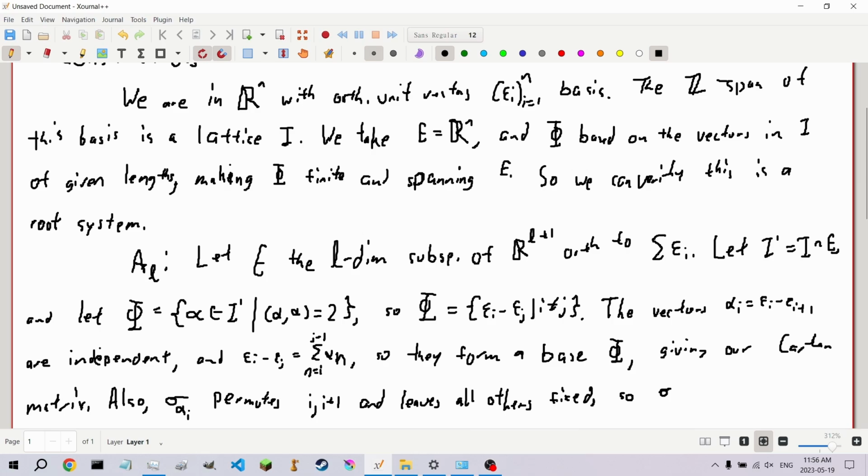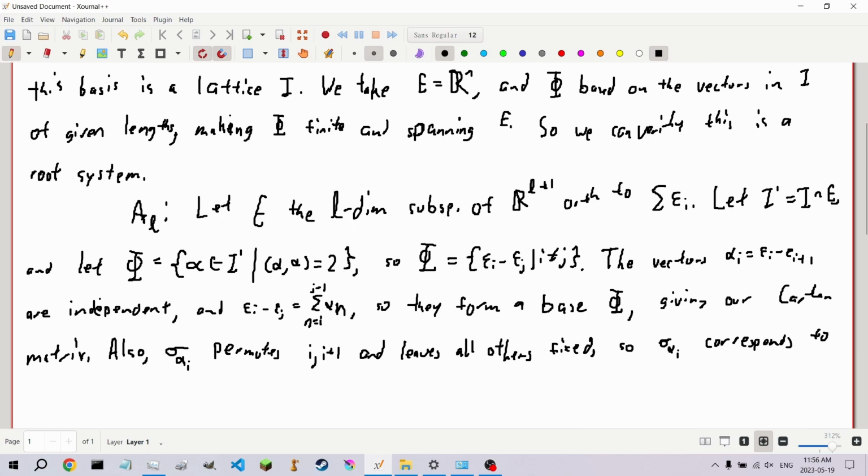So sigma alpha i corresponds to the transposition of i and i plus 1 in the symmetric group of L plus 1. Trivially, because we should know from group theory that these transpositions generate the entire symmetric group, the Weyl group is isomorphic to the symmetric group of L plus 1.